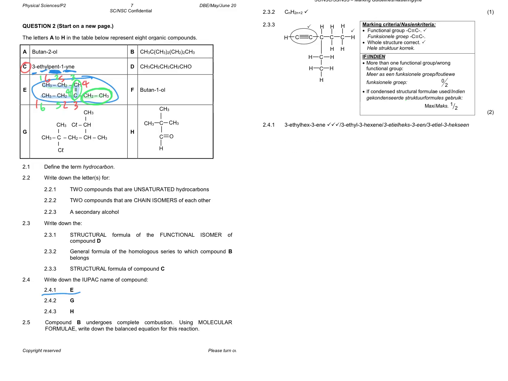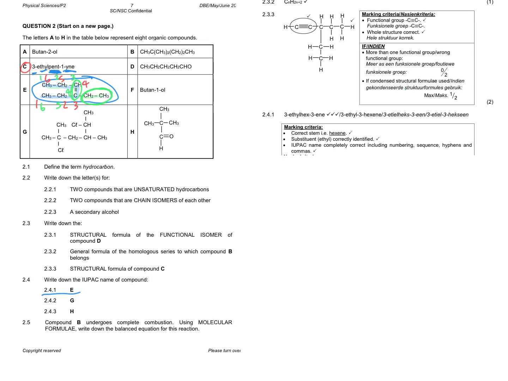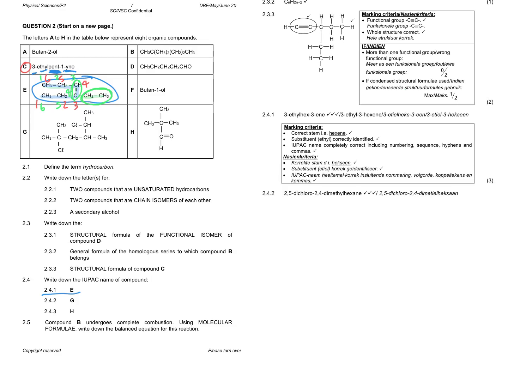Okay, 3-ethyl 3-hexene. And the marking, you have to have hexene, you have to have ethyl, and then the numbering and everything else. So it's 3 marks. You get 1 for having an ene, 1 for having an ethyl, and then 1 for everything else. You get 3 marks.